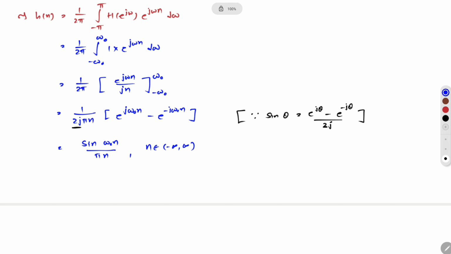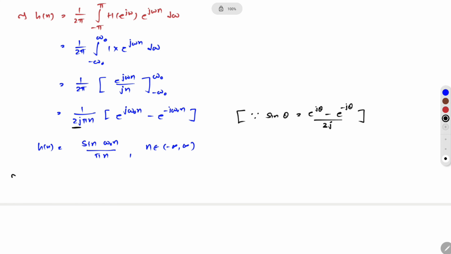You can get the value of h of n by substituting the value of n in this equation. Now there can be a question like what is the value of h of 0, meaning h of n at n equals 0. Let me explain that.